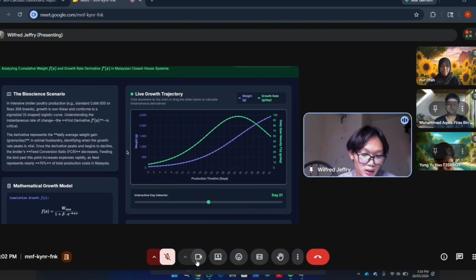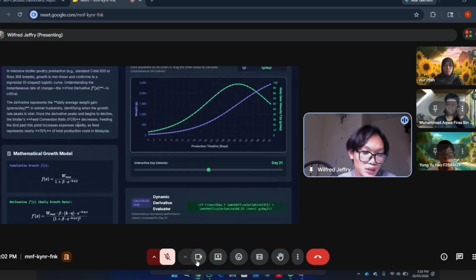The importance in Malaysia is that feed makes up almost 17% of all production costs. That means efficiency directly determines profit.